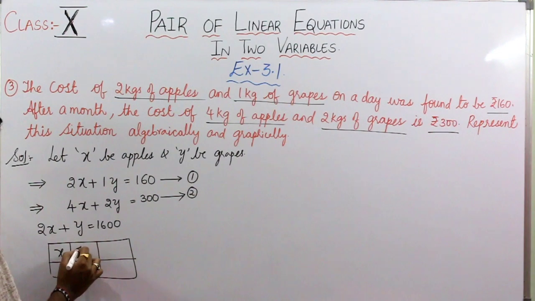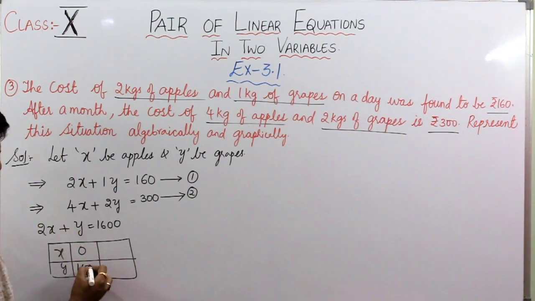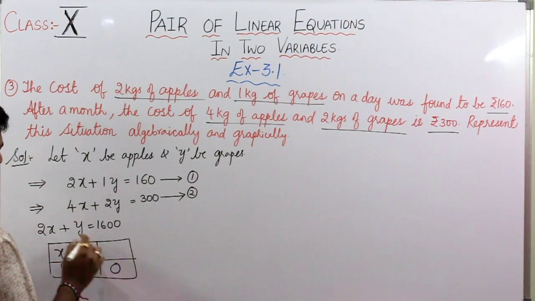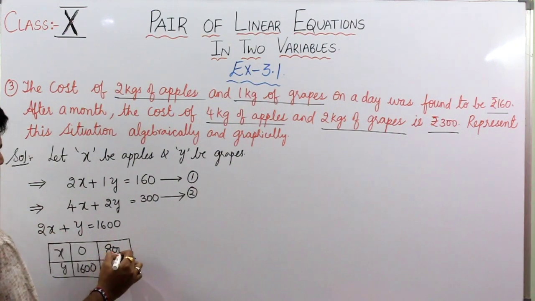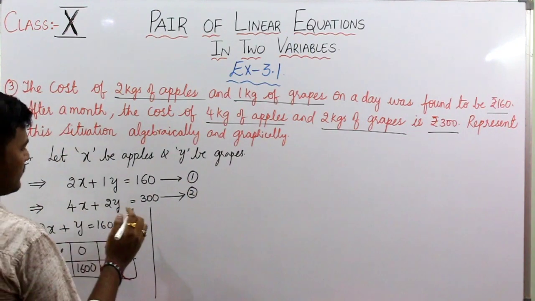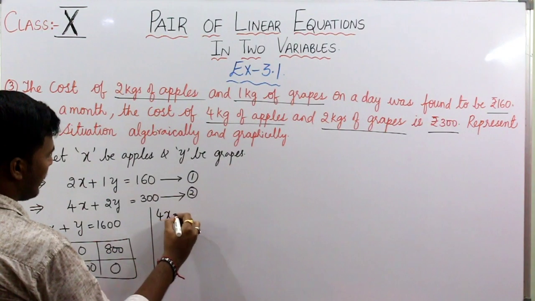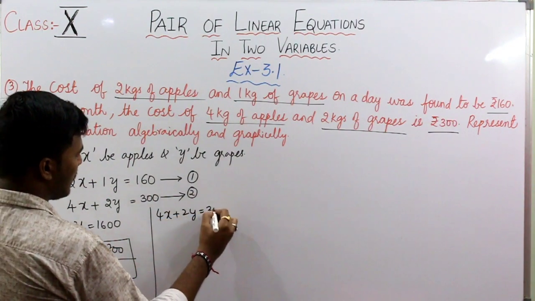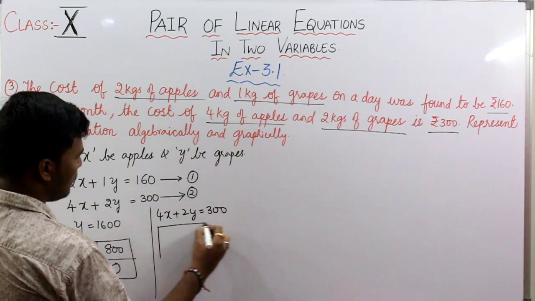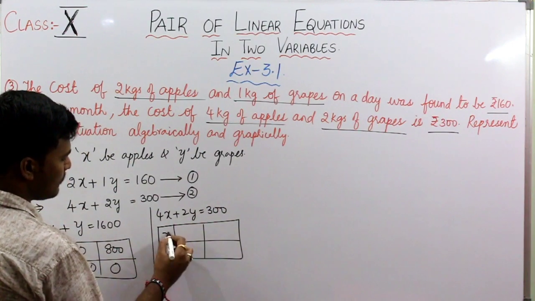If I take x as 0, this whole term will become 0, y will become 160, and if I take y as 0, x will become 80. Similarly the second equation, that is 4x plus 2y is equal to 300. Now take x and y.